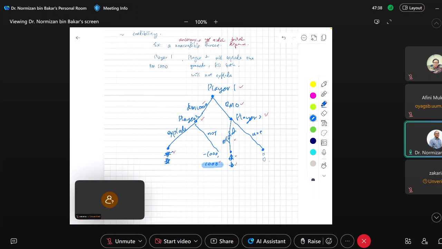If player 1 gives 0, the best for player 2 is still not to exploit, because between dying and 0, the 0 outcome is better.